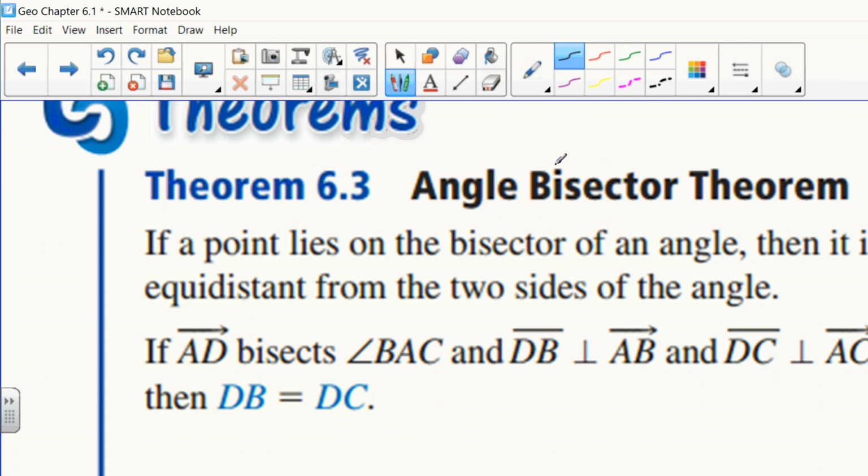So if we have an angle that's bisected, and these 2 angles are both right angles, then we can say that these 2 lengths are equal to each other. And it'll actually work out that they are going to be equal every single time, as long as we have an angle bisector and these 2 right angles. We need both.